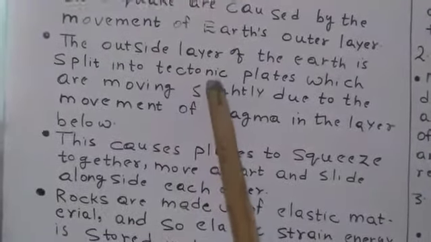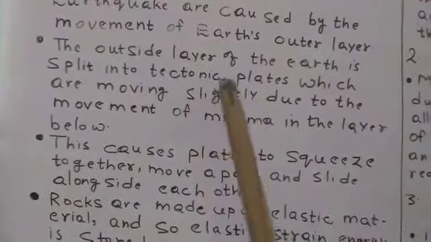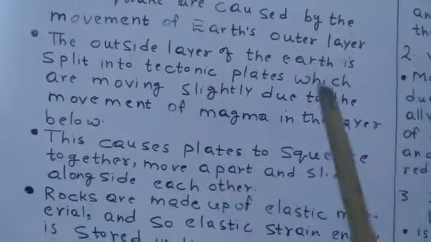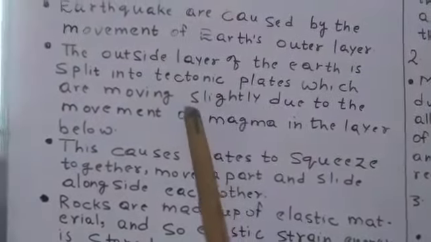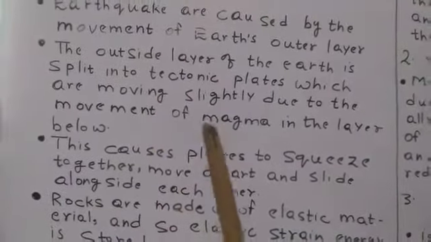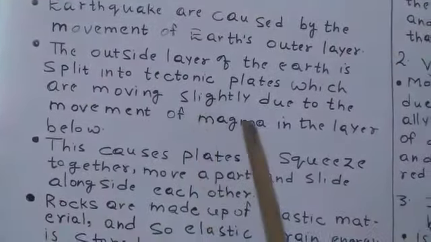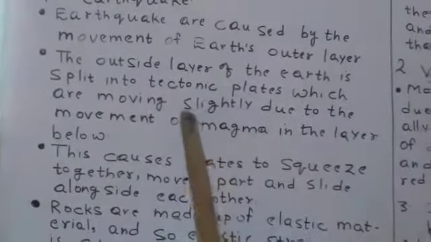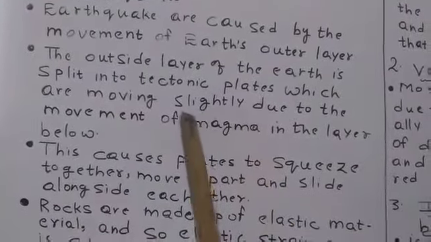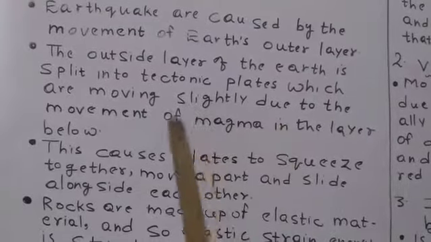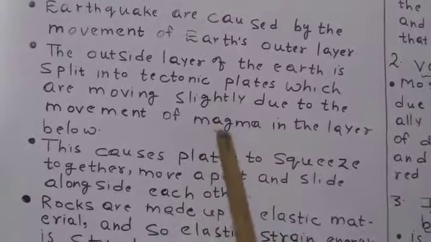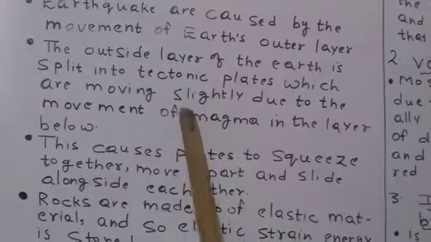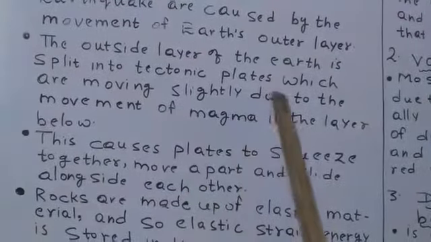It means that the tectonic plates move in different directions due to the movement that takes place in magma. Students, we already know that there is movement in magma due to convectional currents originating inside the earth, especially in magma, and that convectional current moves the plates in different directions.